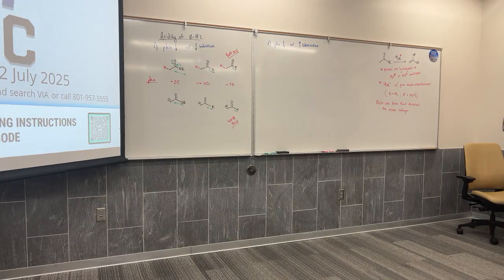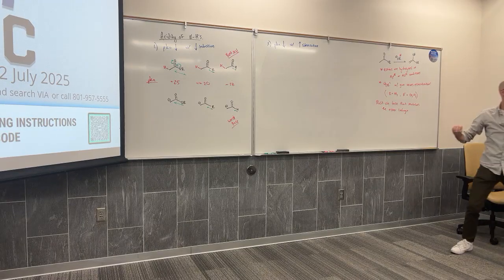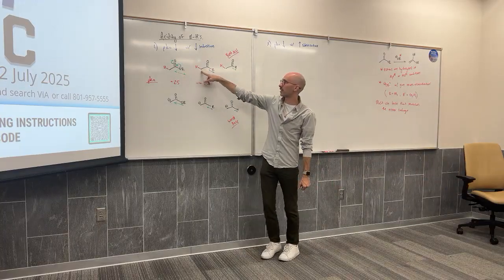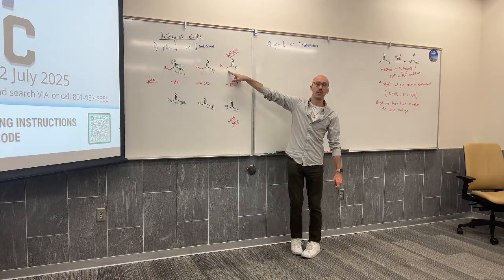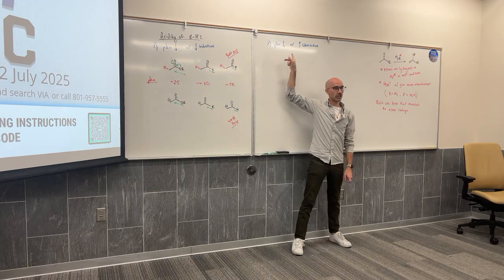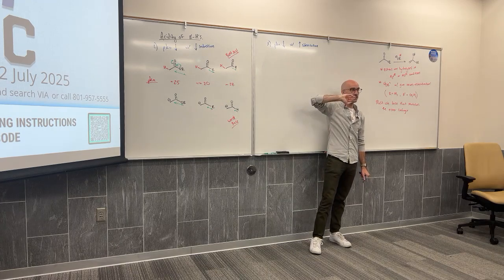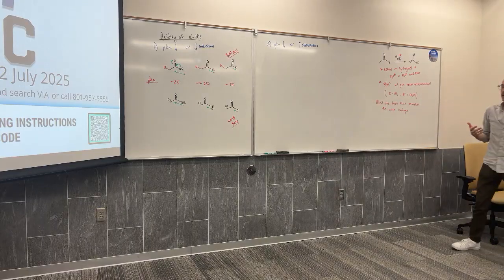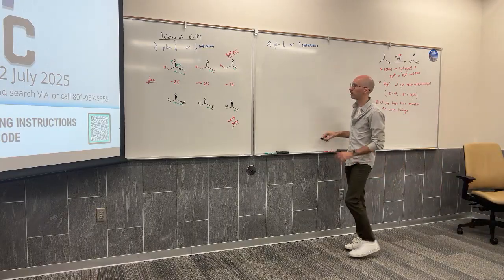Would you guys agree that I could look at a primary alpha carbon on an ester, secondary or tertiary carbon on an ester, or I could look at primary, secondary, tertiary on a ketone, primary, secondary, tertiary on an aldehyde? When I talk about substitution, this could be any of the functional groups that we've got here. I'm just going to look at one functional group.